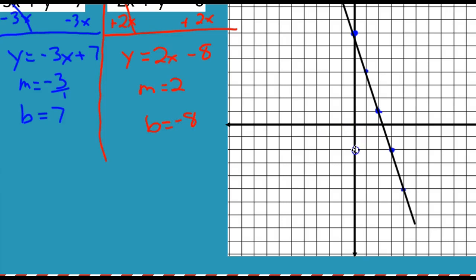So down 1, 2, 3, 4, 5, 6, 7, 8. We're going to go up 2 and over 1. So up 2, over 1. And then we make a line.